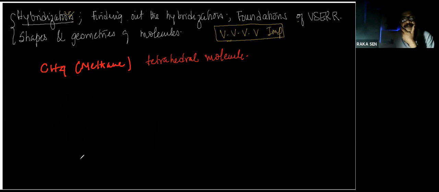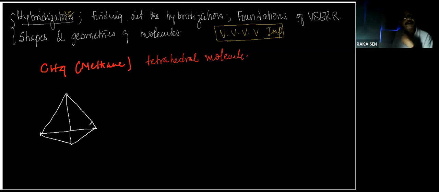Everything seems so French now because none of you understand anything. I'm going to slowly unfold it. A tetrahedral molecule looks like this. This kind of structure is called a tetrahedral.